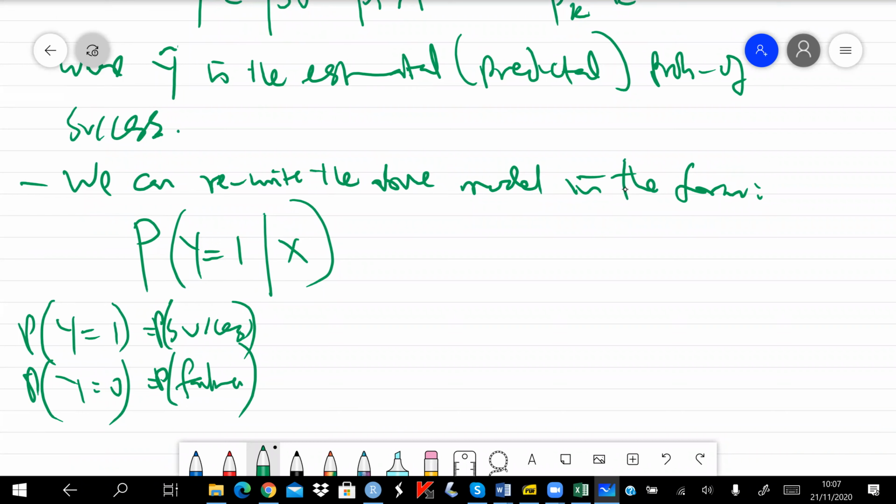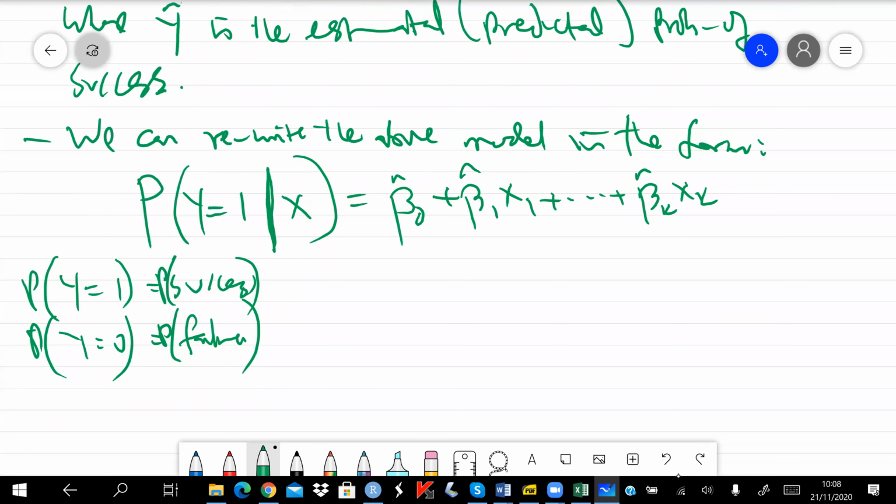See the symbol for conditional probability. So given the data, this is given by beta naught estimate plus beta 1 estimate of x1 plus all the way to plus beta k estimate of xk. So the model can be rewritten like that.